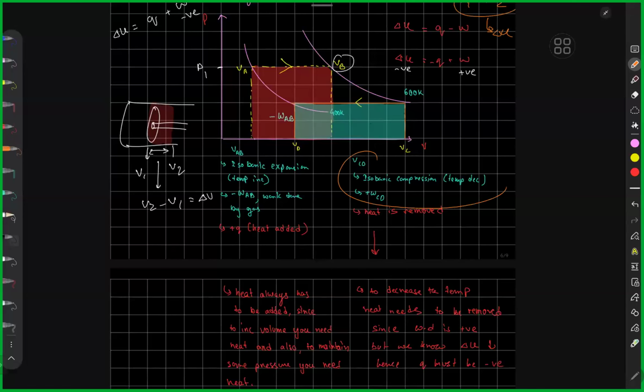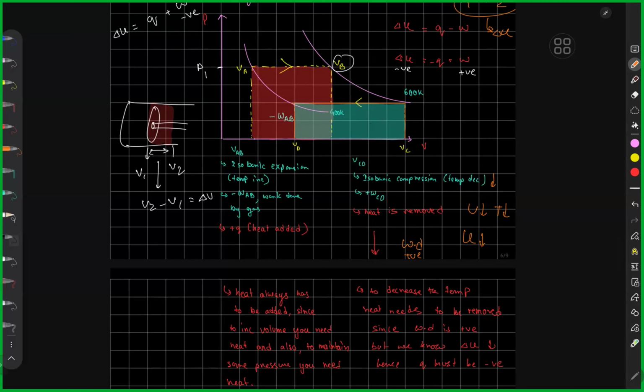Great. What happens in case of isobaric compression? Temperature decreases. Why? Volume decreases, hence temperature decreases. Temperature decreases means U decreases, internal energy decreases. But work is done on the system. Work done is positive. So how do we compensate for the positive work done?